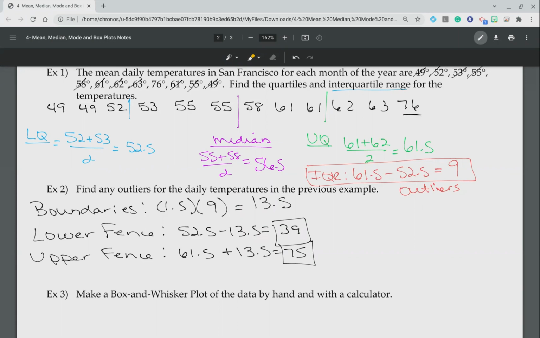And you'll notice we have a temperature of 76. So we have an outlier of 76. Okay, and maybe just to explain this better, my lower fence I subtract because I'm seeing if there's any outliers this way. My upper fence I add because I'm seeing if there's any outliers this way larger than those numbers.